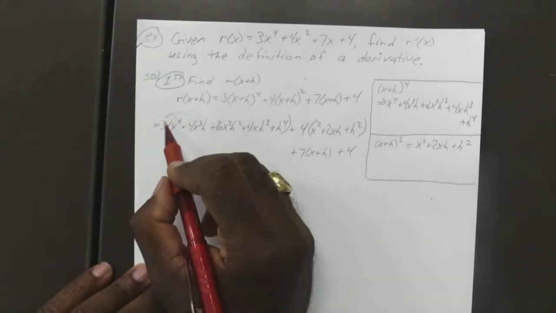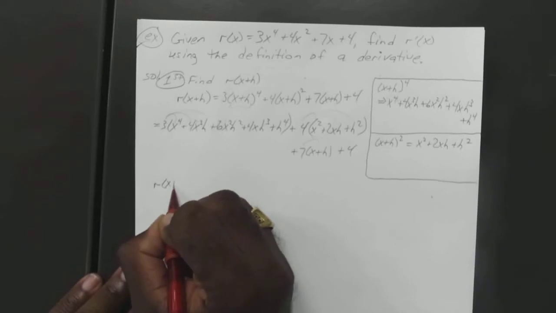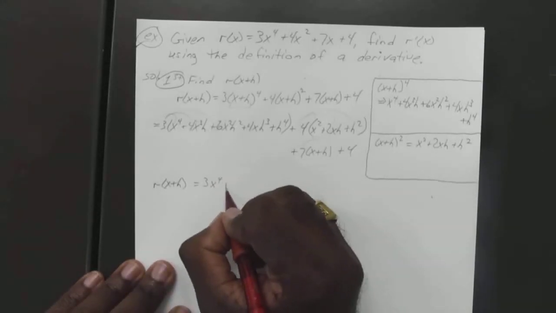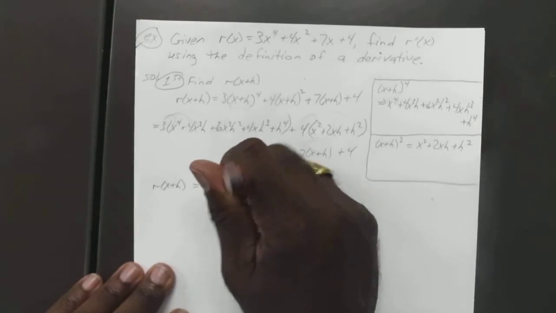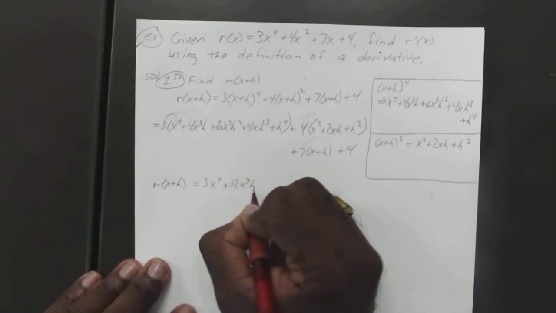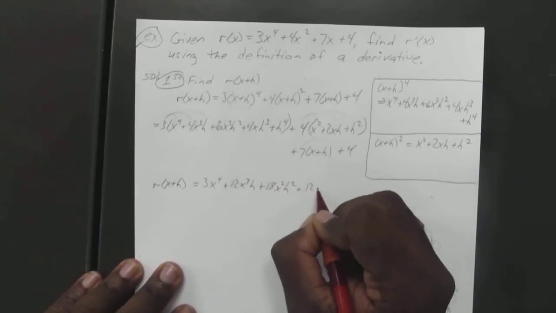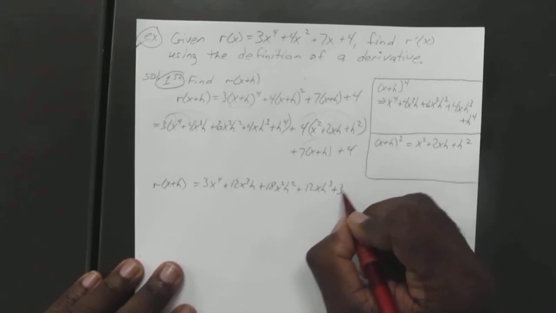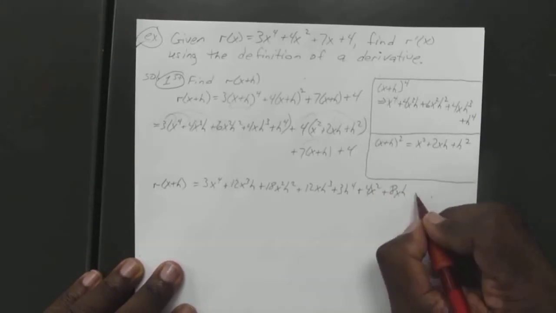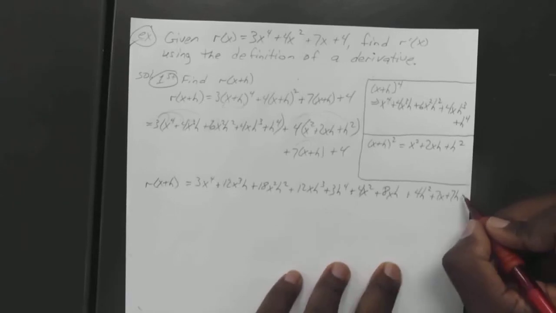Okay, so if we distribute our 3 and our 4s and our 7s, our r of x plus h ends up equaling 3x to the fourth plus 12x to the third h plus 18x squared h squared plus 12xh to the third plus 3h to the fourth plus 4x squared plus 8xh plus 4h squared plus 7x plus 7h plus 4.